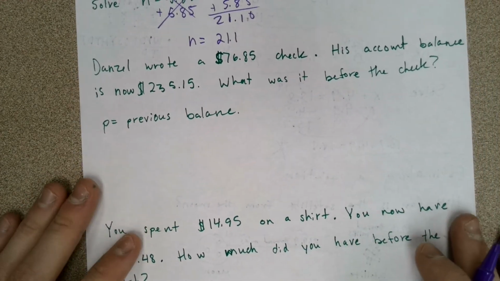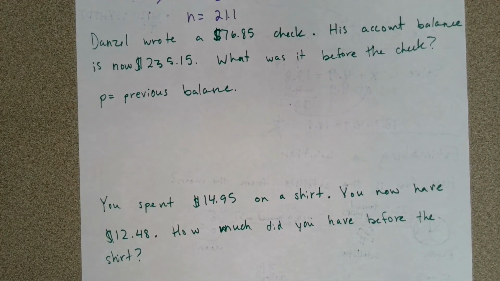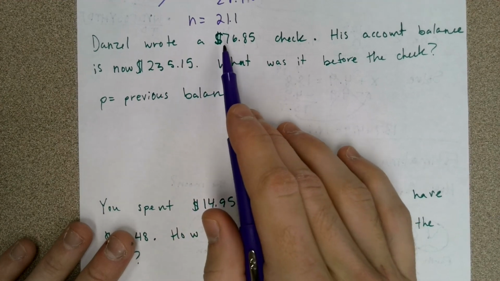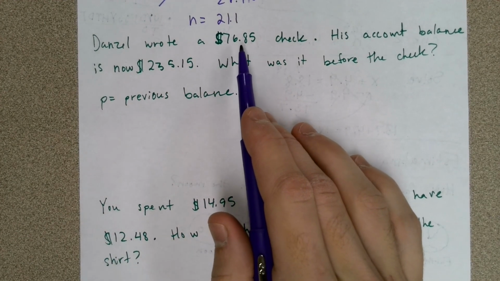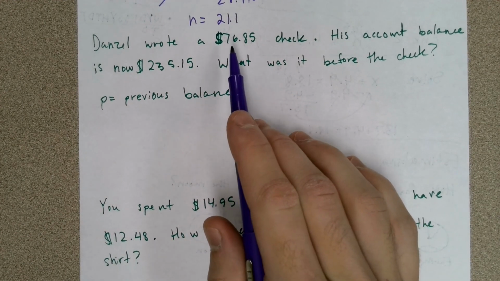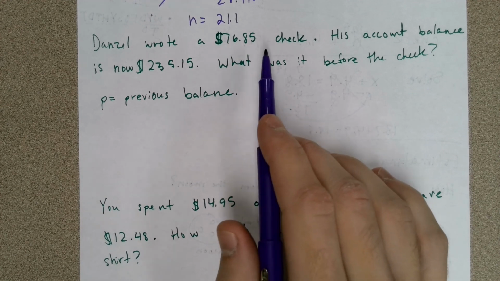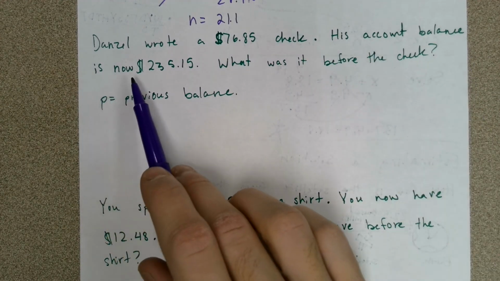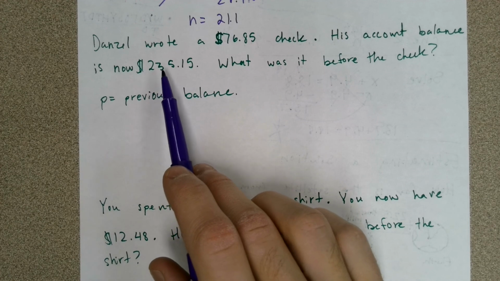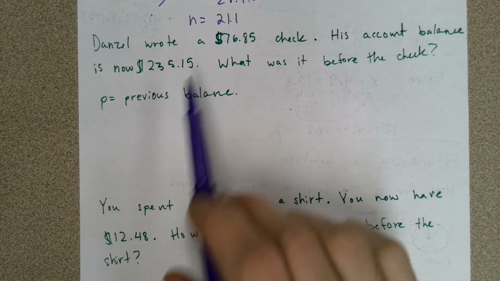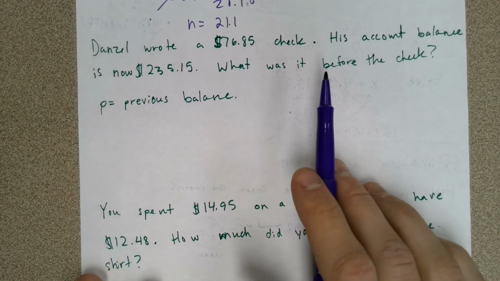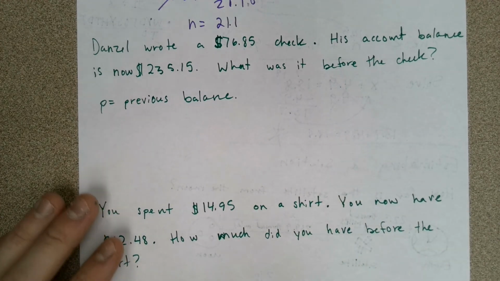Two word problems and then you're done for the day. Nice short lesson here. So we have Danzel wrote a $76.85 check. His account balance is now $235.15. Excuse me. What was it before the check? P is our previous balance.